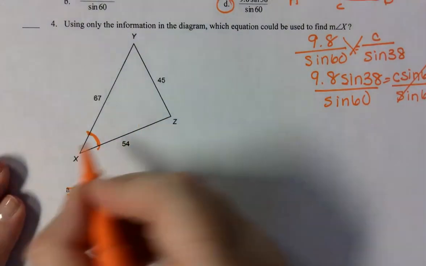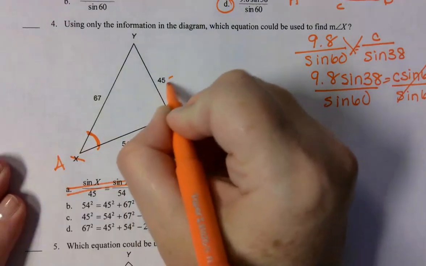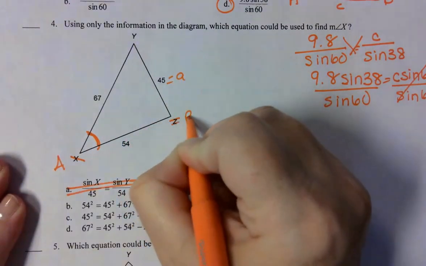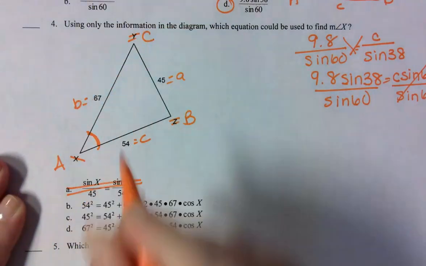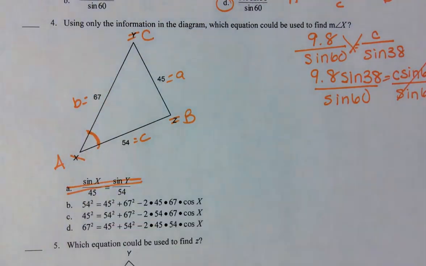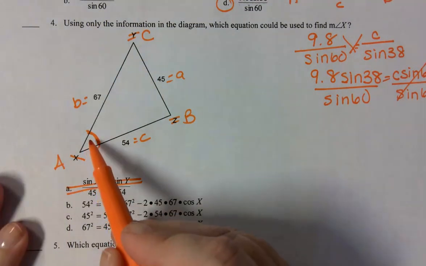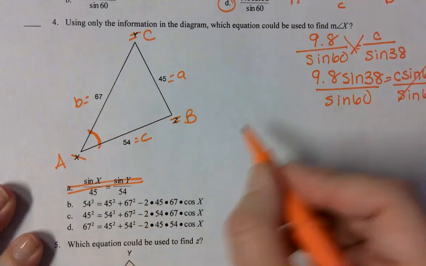Okay. So what I'm going to do is, again, rename and label. Again, it doesn't matter if your letters are different than mine. It's going to be okay. Since I need big A, I got to use the A squared equation.